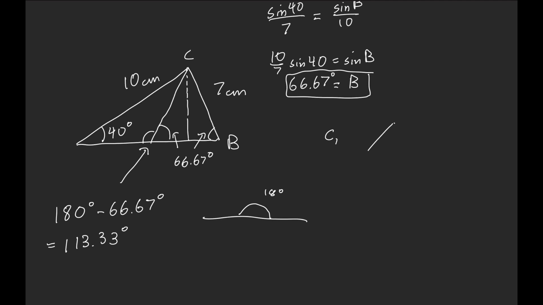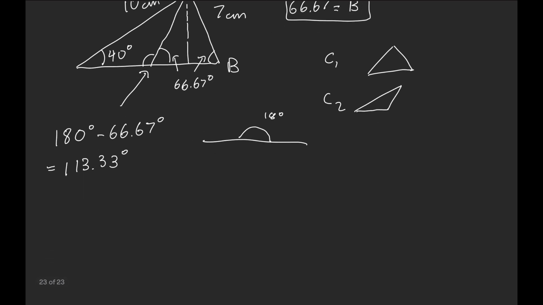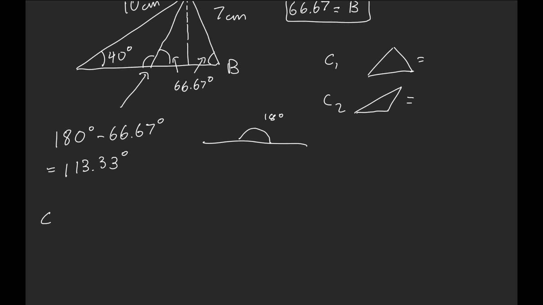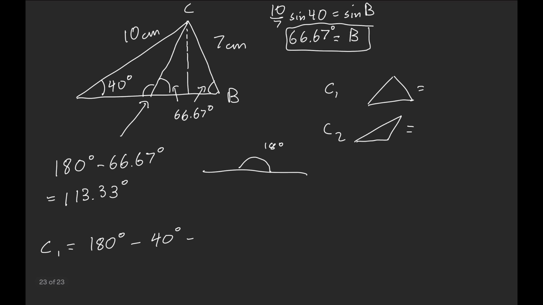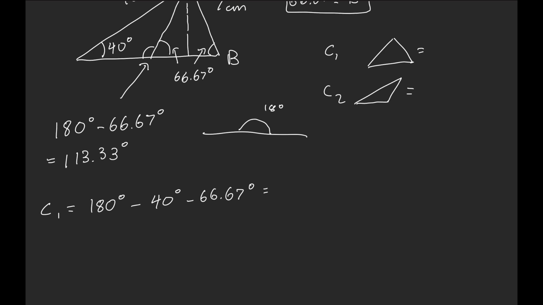Now that we've constructed our two different possible triangles, we must solve for both cases of angle C. So C1 with this triangle, and C2 with this triangle. Since angle A is the same, I'm just going to continue down here. C1 is equal to 180 degrees minus angle A, which is 40, minus our first case, 66.67 degrees. That would give us, and I'm just going to punch it into my calculator, 73.33 degrees.